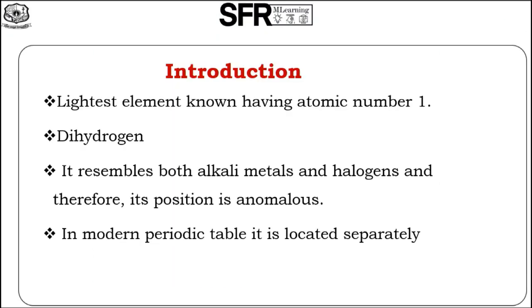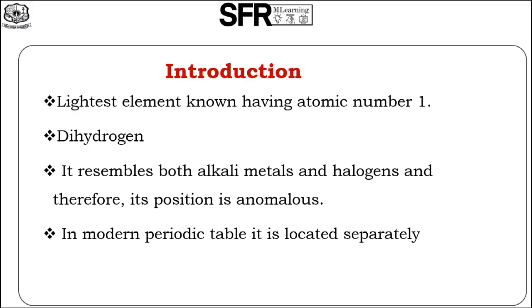Hydrogen is the lightest element, having atomic number 1. Usually it exists as dihydrogen, whose properties resemble both alkali metals and halogens. Therefore, its position is anomalous. In the modern periodic table, it is located separately.